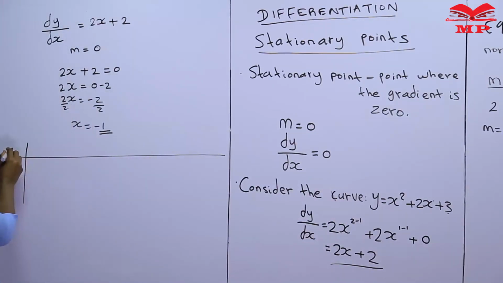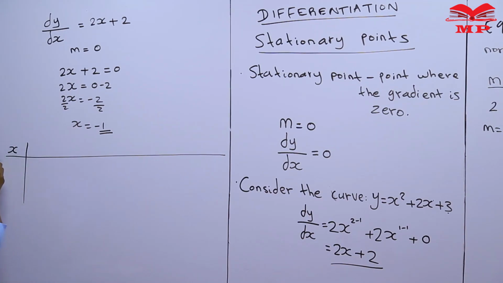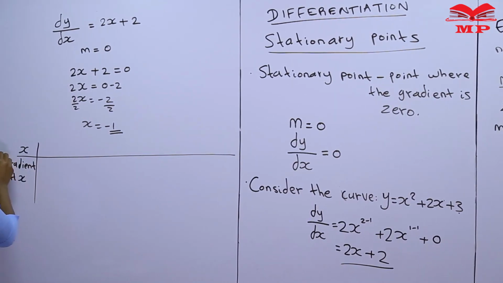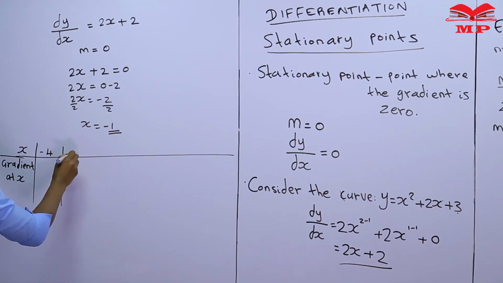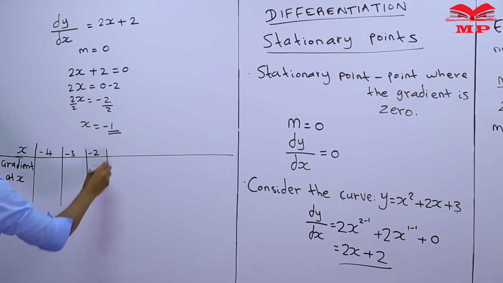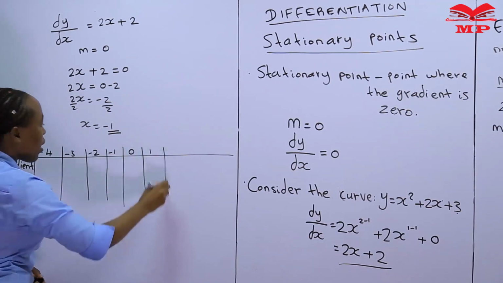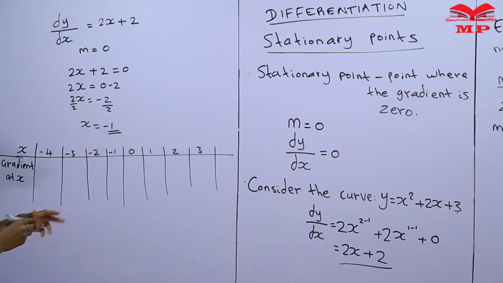So here we have the values of x on the negative and the positive side, and then here we want to get the gradient at that point x. So we can have some points like negative 4, negative 3, negative 2, negative 1, we have 0, 1, 2, 3. We can get up to 3. So we want to get the gradient at x.